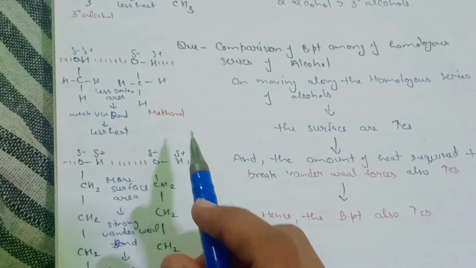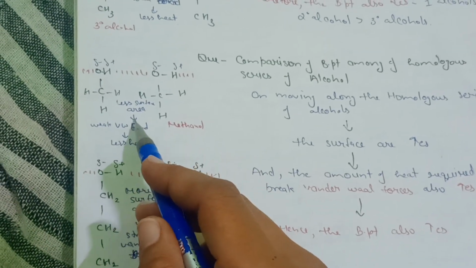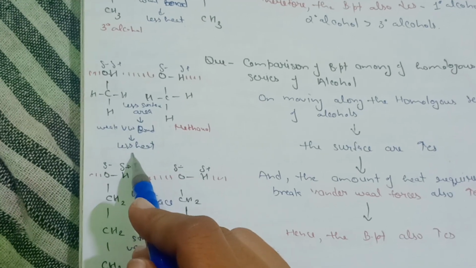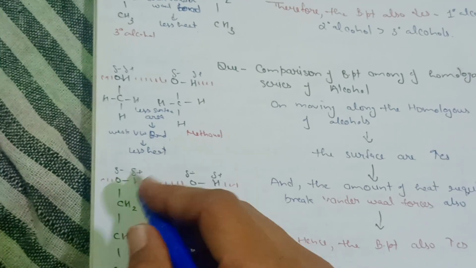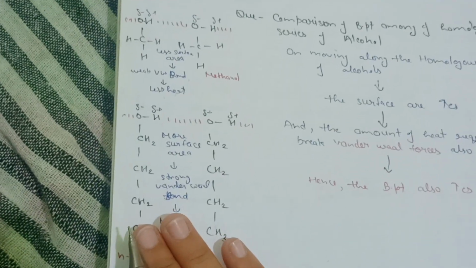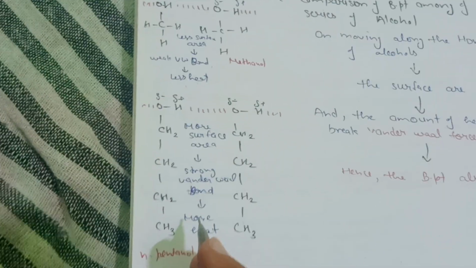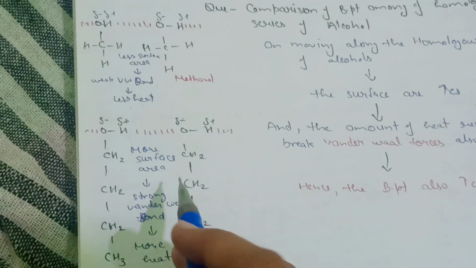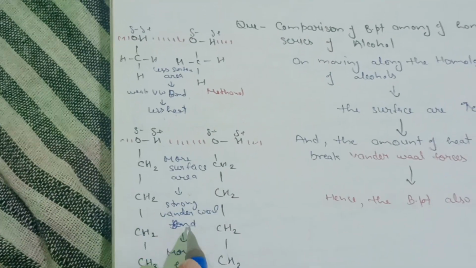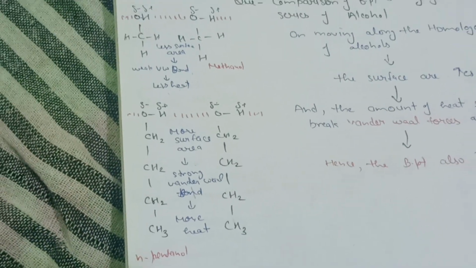For example, in methanol there is less surface area, so weak van der Waals force, then less heat is required to break the bond. In butanol, there is more surface area, stronger van der Waals force than methanol, and more heat is required to break the bonds.